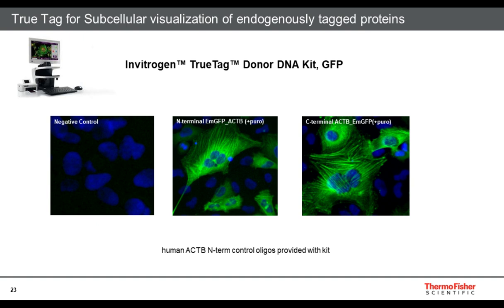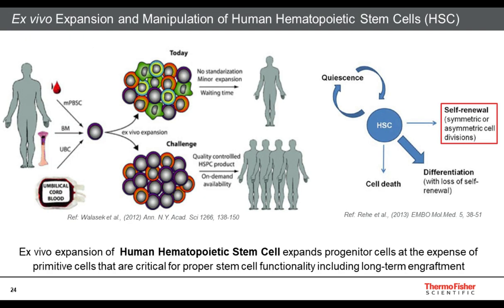And here are also some nice pictures of the beta-actin tag using our GFP kit. Those are really nice pictures generated from our EVOS fluorescent microscope.